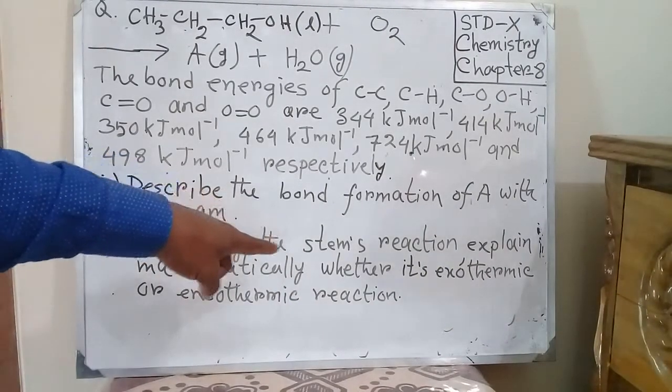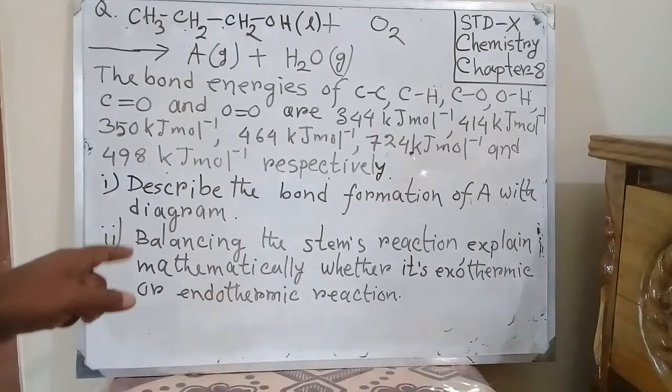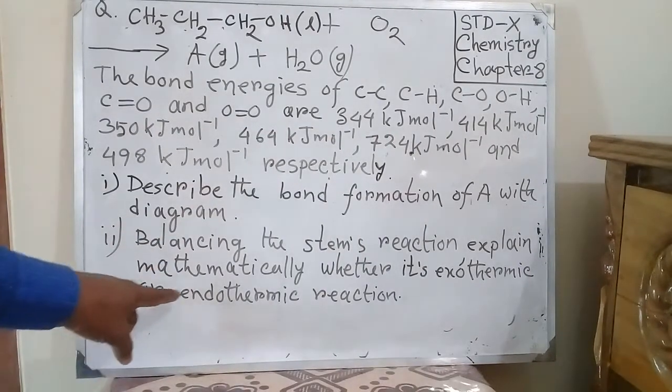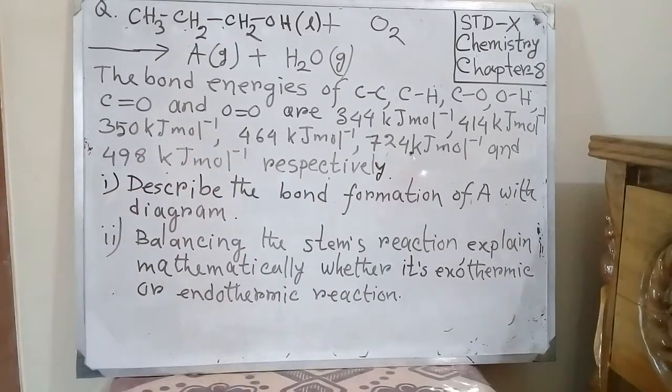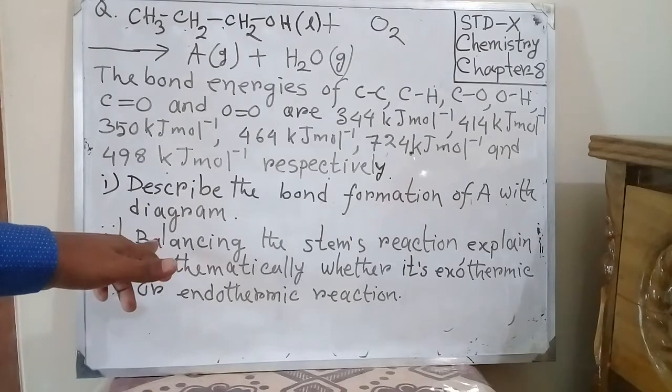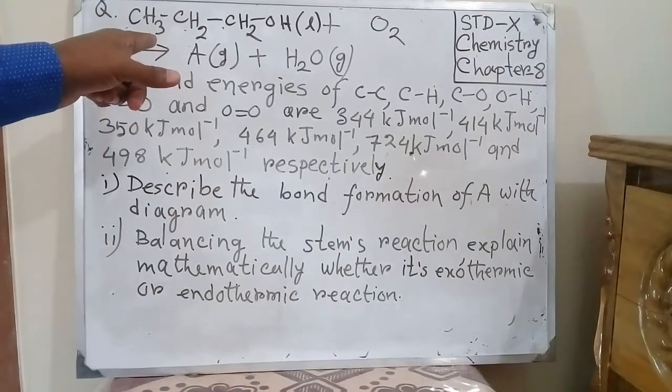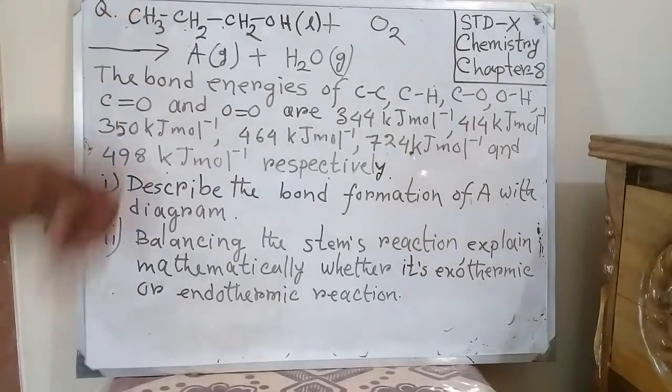Balance the reaction and explain mathematically whether it's an exothermic or endothermic reaction. For solving this one, first we need to balance the reaction. So I will balance the reaction first.